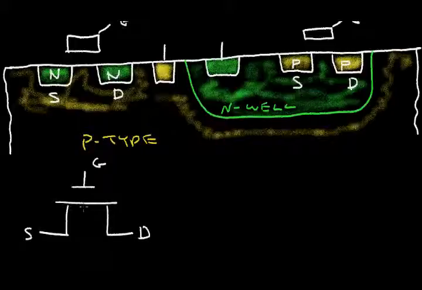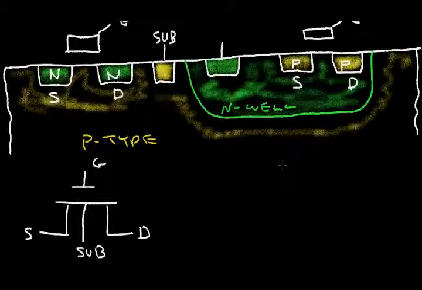And there's actually a fourth terminal. And this fourth terminal is the substrate connection. I'll call it SUB. And that's this connection here, and that connects to the P-type silicon material.